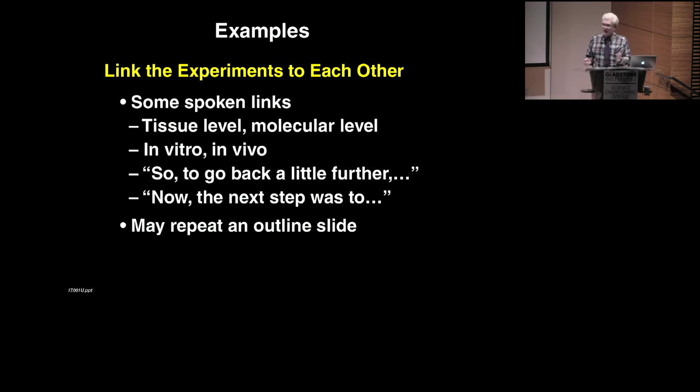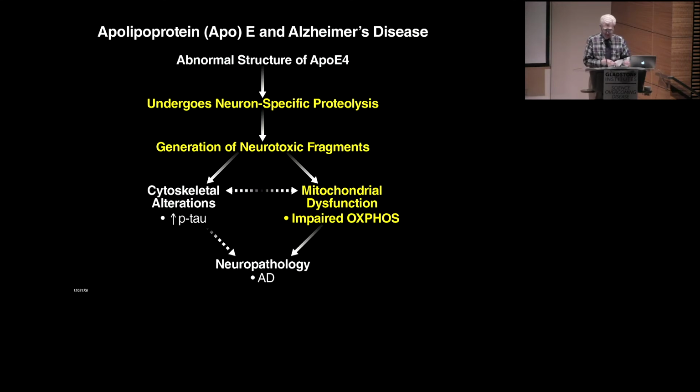But what I like to do is to repeat an outline slide. In fact, I like to convert my outline into my message. And that's what I've done, and I've already shown you that. For example, I would use this slide. So I've already described for you the significance of the abnormal structure of ApoE4.